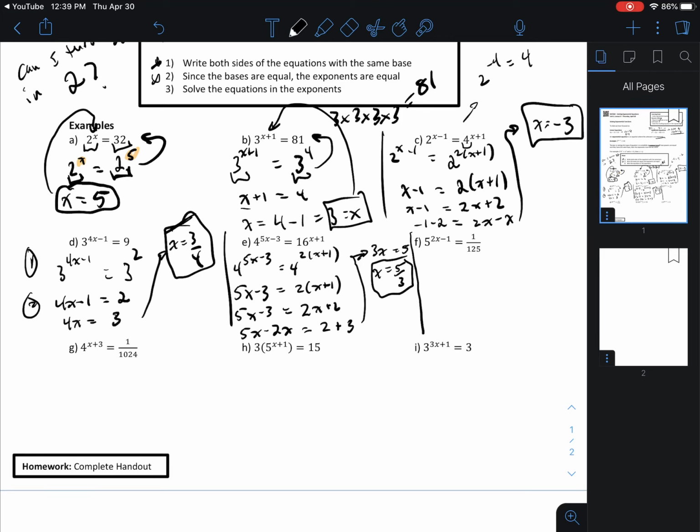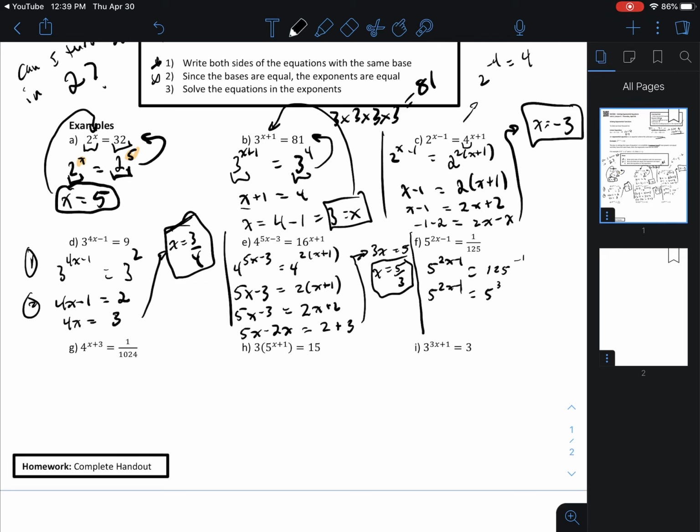Okay. Now I can rearrange f to be 5 to the 2x minus 1, and I'm going to make this 125 to the -1. Okay, and then what I can do is match the bases.